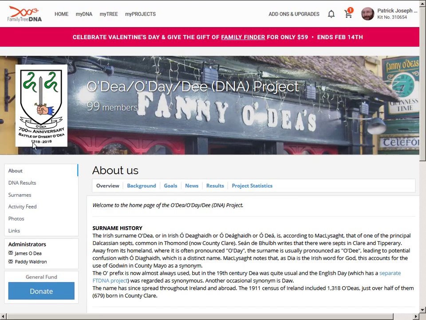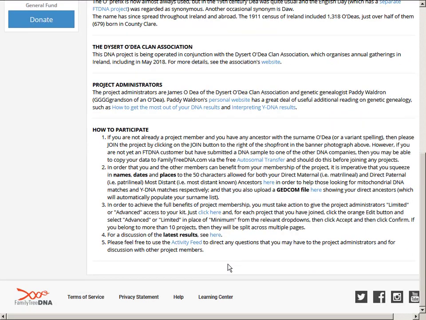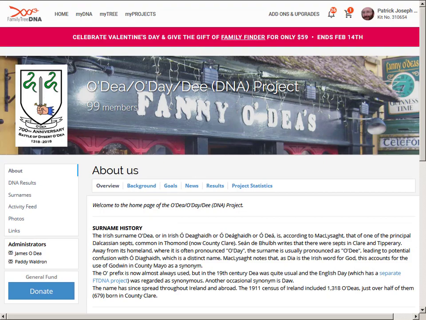And we even have a special crest to commemorate the 700th anniversary. If anybody's driven through Corofin, they'll know the famous Fanny O'Dea's pub. And you can put up information about background, goals, news, results, project statistics, break it down in any way you can. That's the sort of stuff I put on the home page. How to participate, introduce yourself as administrator, tell them about the offline surname association, and a bit about the surname history.